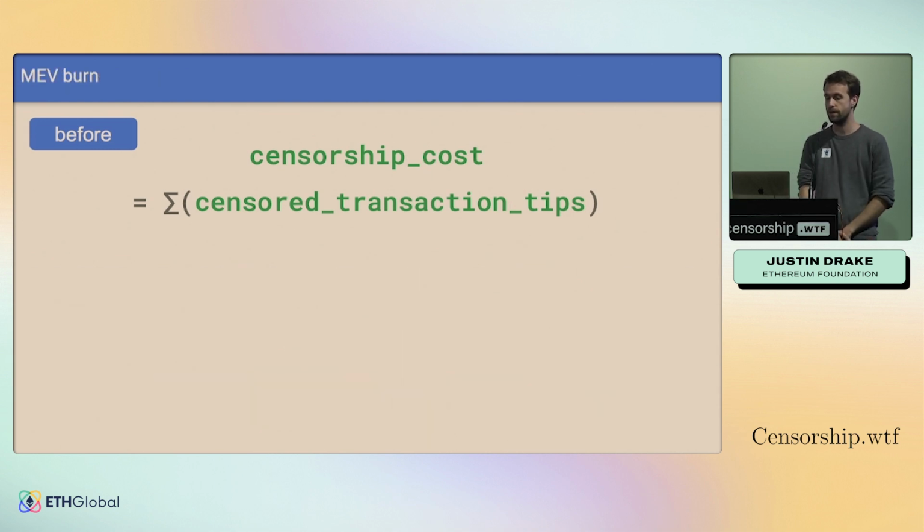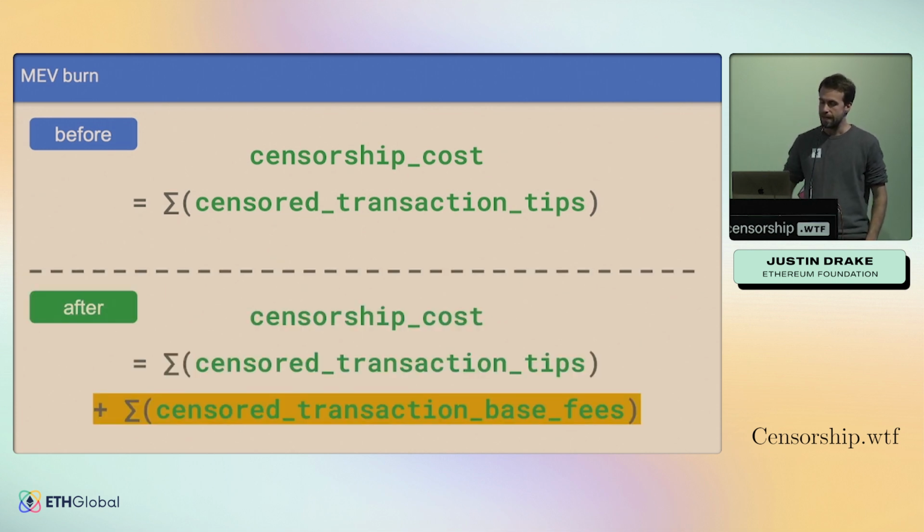Now, another really cool technology is MEV burn. Right now, this is the same formula as in the previous slide: the cost of censorship is the sum of the tips from censored transactions. But what MEV burn does is that it adds another component to the cost of censorship. Specifically, it adds the base fees of the censored transactions.